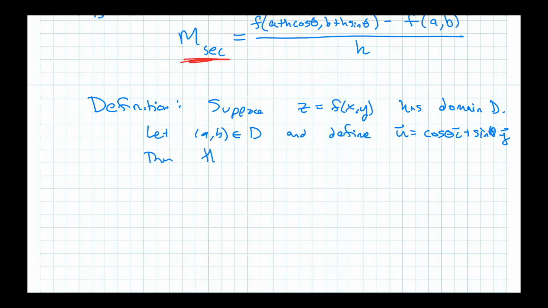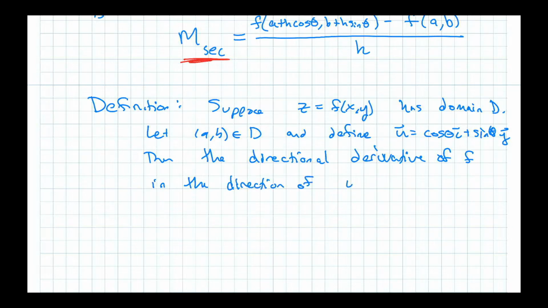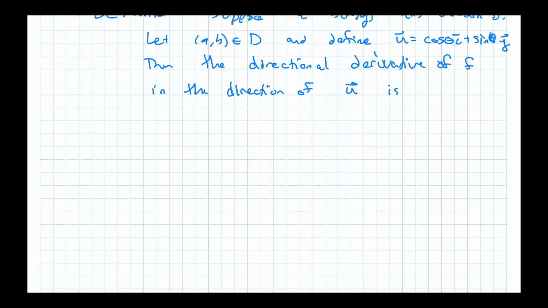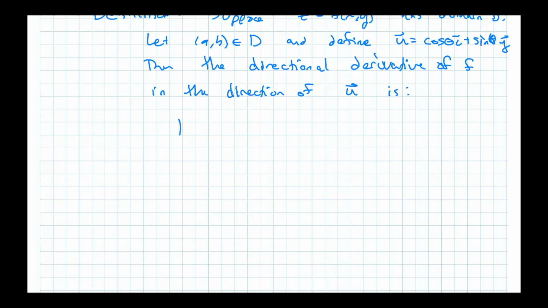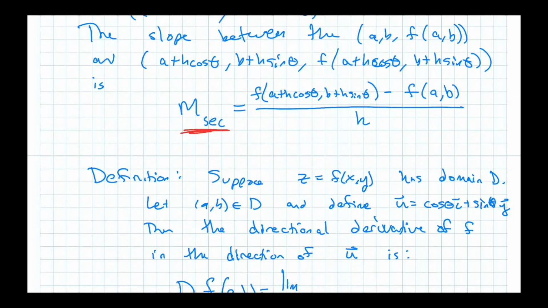Then the directional derivative of f in the direction of u is, so capital D for this derivative, with u for the direction because the direction makes a difference, of f evaluated at a, b is just going to be a limit as h goes to 0 of this slope.